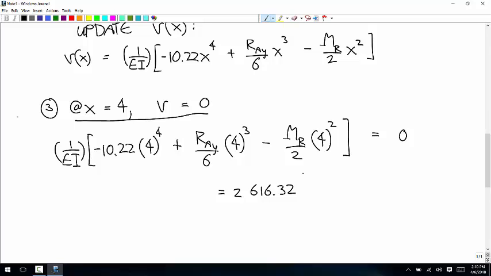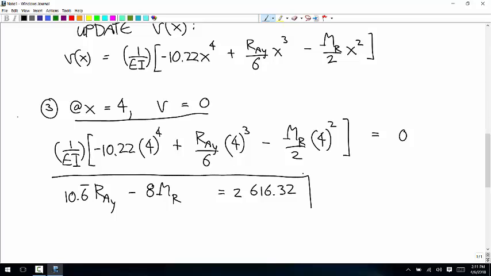And then what's 4 to the third over 6? Okay. And that's times RAY. And then minus 8 times MR. And that is our equation 3 star.